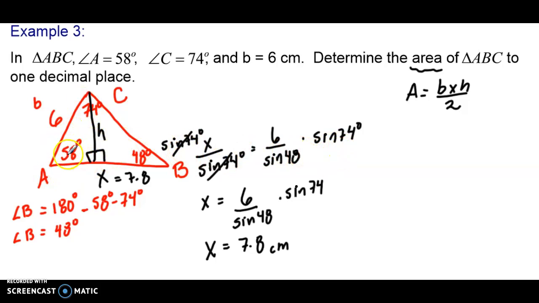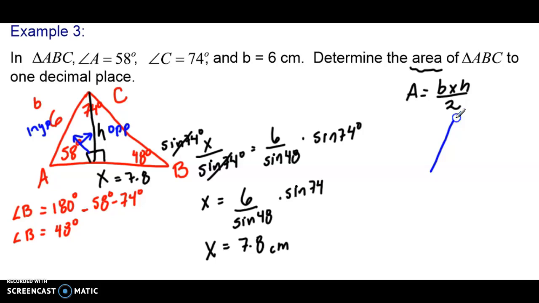So we are given angle 58. We know the opposite side. Let's add that in. We have the opposite side of that angle. And we know the hypotenuse of that little triangle.